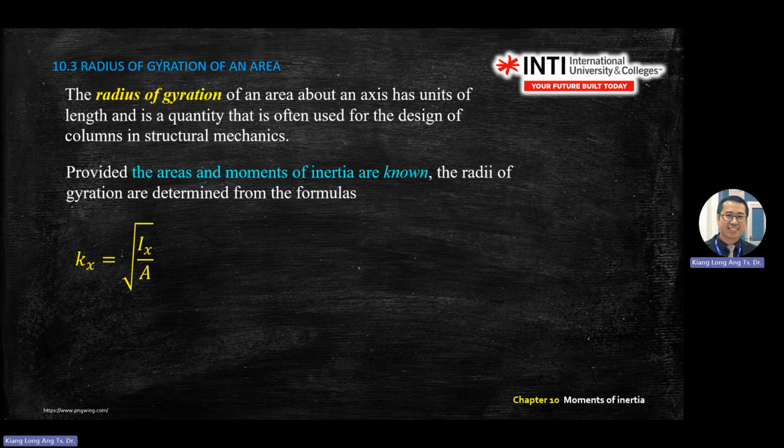You just rewrite this one. With area, this is in 2D. If you have 3D, then you use mass. If you're given center of mass, you use mass. So it's the same. kx is the radius of gyration, which is Ix divided by A, then you square root it. If it's x, you refer to x. If y, then you refer to y. If it's polar coordinates, then you use polar inertia.